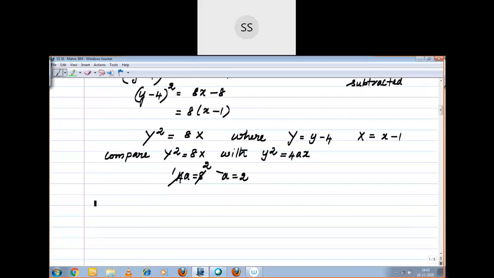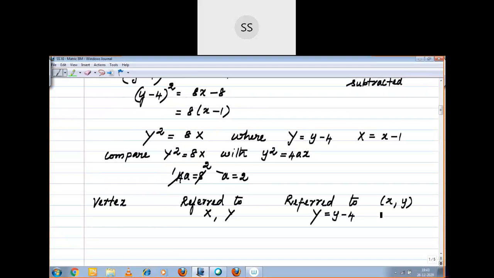For that, we are going to find the answer in tabular format. Right? First one, vertex. The first column refers to capital X, comma capital Y. The next column refers to small x, comma small y.